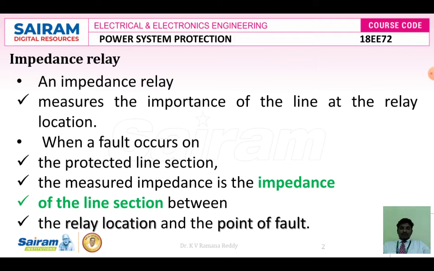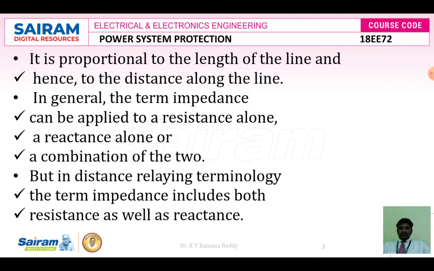The amount of impedance we are going to calculate here is the impedance between the relay location and the point of the fault. If the distance between the relay location and the point of the fault increases, then the value of the impedance also increases. So the impedance calculated between the fault location and the relay location is proportional to the length of the line.